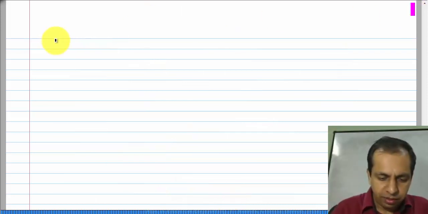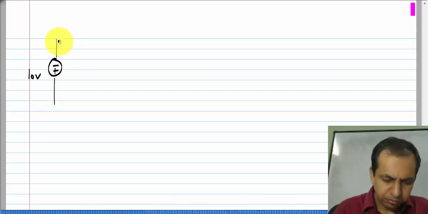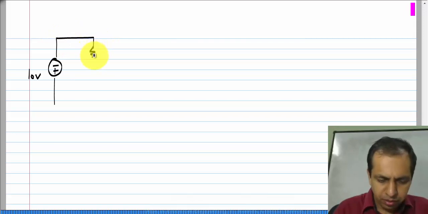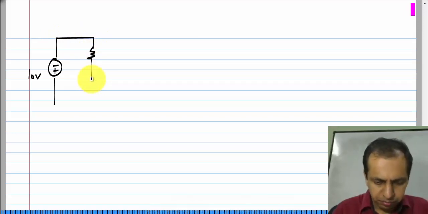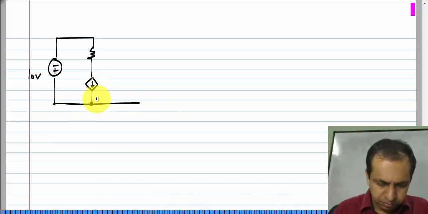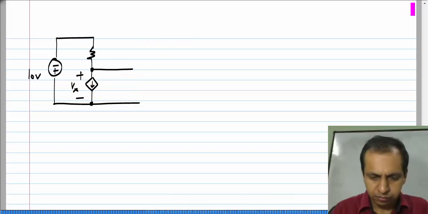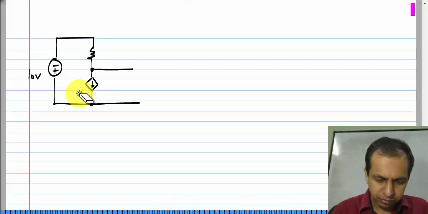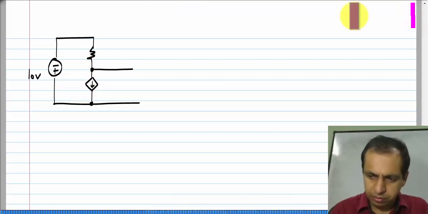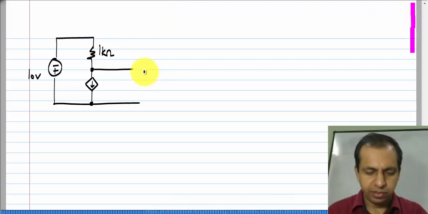Now, let us consider another case. This has a 1 kilo ohm resistor.